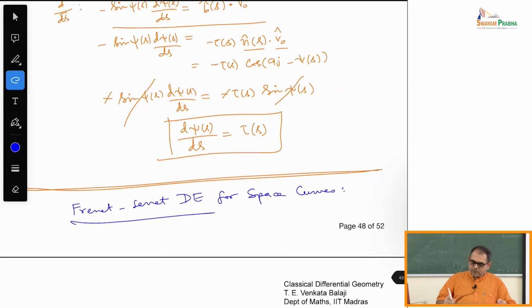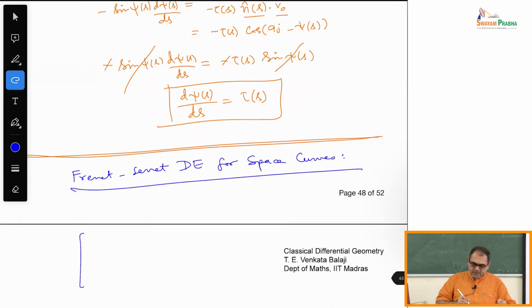As I told you, the differential equation records the change of the frame, and the change of the frame is the rate of change of the three orthonormal unit vectors in the frame. So it is t cap of s, n cap, and b cap, in that order.